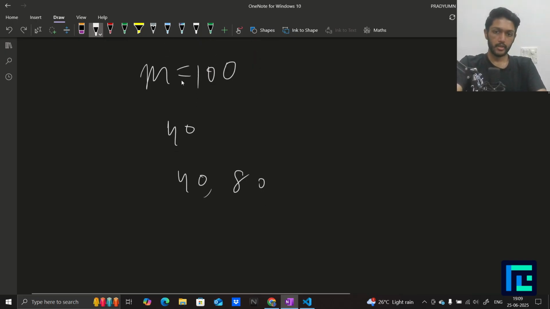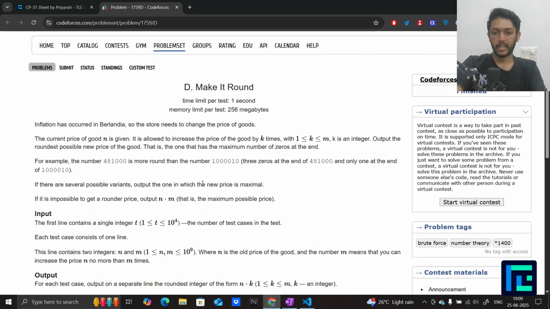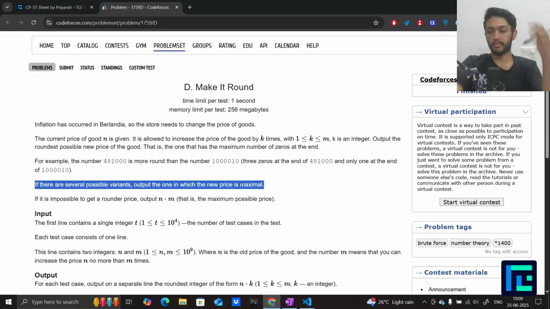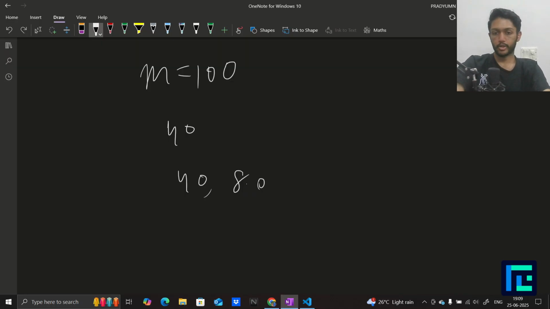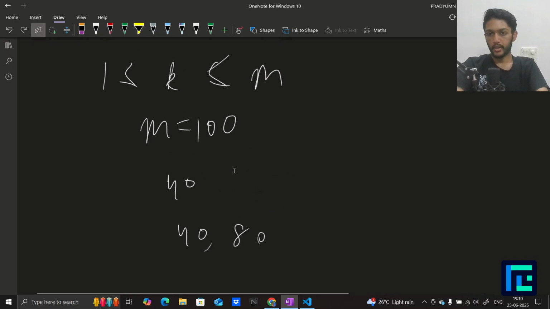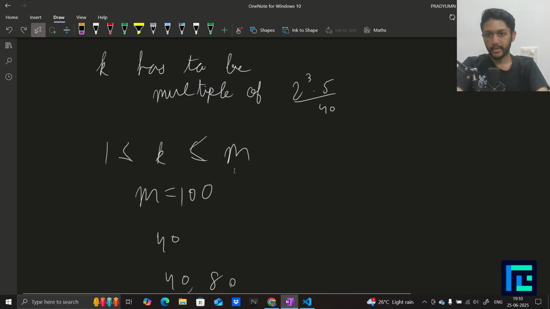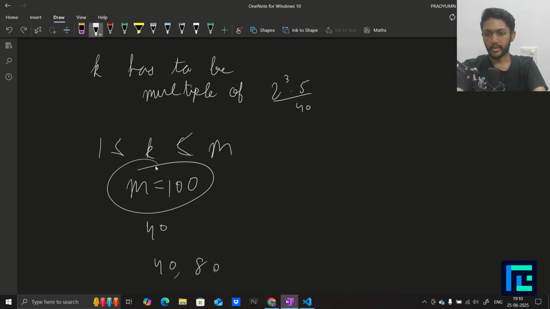Okay, but what will we choose then? We will choose 80. Why? Because they have told us that we need the maximum possible price. If there are multiple possibilities in which the number of zeros is the same, then we will print the maximum possible price, so we take k equal to 80. So our problem has now become: k has to be a multiple of 40 and less than or equal to 100.